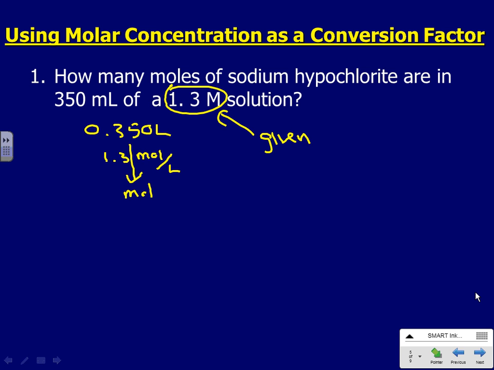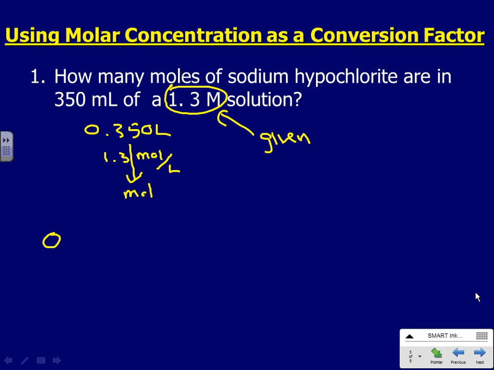Which means if I want to use the concentration as a conversion factor, the chemist who made the solution needs to tell me the information in the question. It's not dependent on the type of substance that I'm dealing with. Molar mass is dependent on the type of substance, but molar concentration is not. It's dependent on who made the solution. And so the person who makes the solution or the person who makes the question has to tell us what that is.